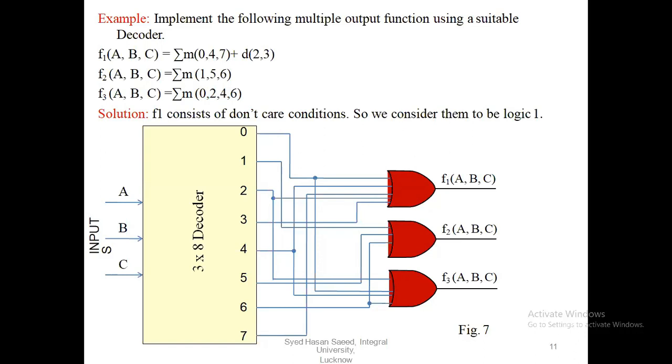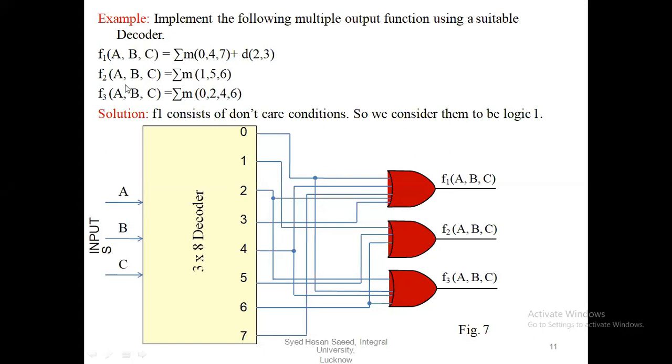So it will pass here 3 inputs and get 8 outputs. That is, here we are using a 3 by 8 decoder.